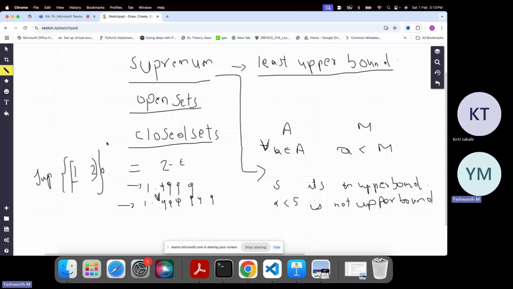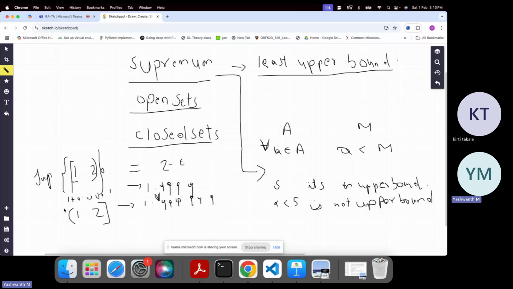And similarly, the other side exists, the infimum, called the greatest lower bound. So in this example, if we say 1 to 2, 1 is the infimum because that's the greatest lower bound. If you pick any number greater than 1, it will not be a lower bound, because let's say 1 plus epsilon, which is very, very small, 0.00001.